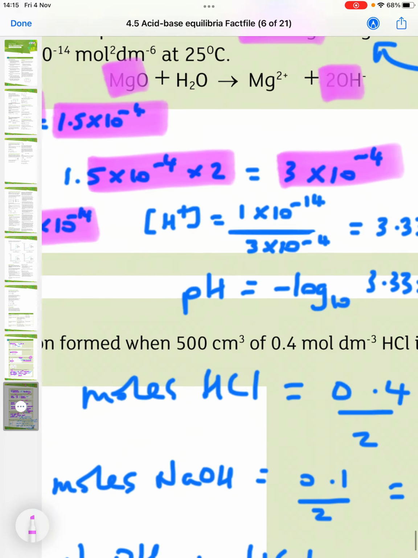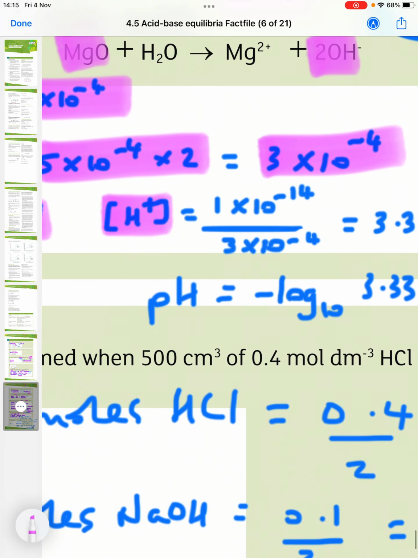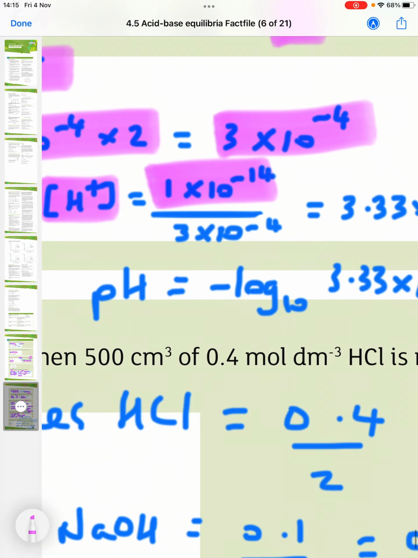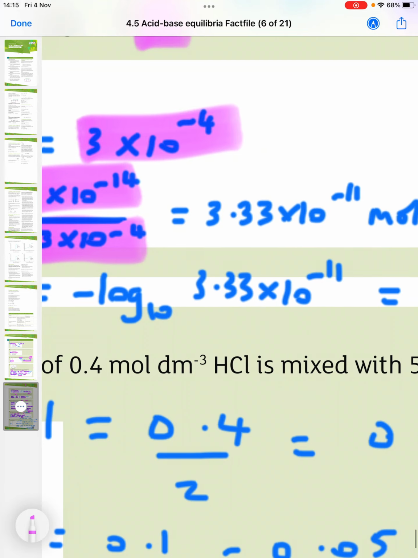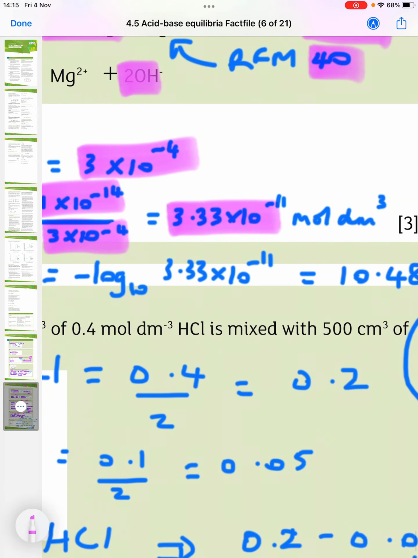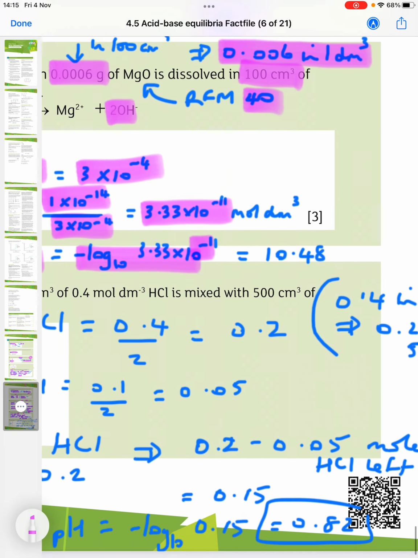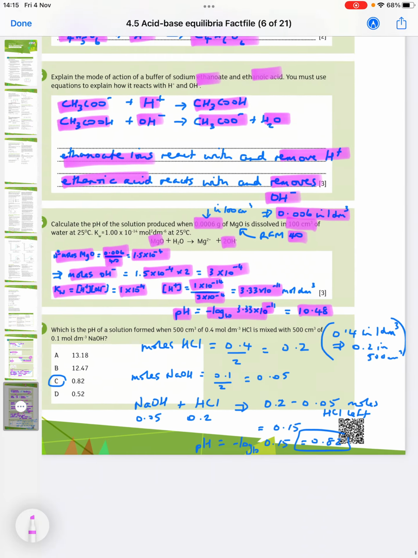So rearranging that, we get the hydrogen ion concentration is 1 by 10 to the minus 14 divided by, we already know the hydroxide ion, 3 by 10 to the minus 4. And we put that in, we get 3.33 by 10 to the minus 11. Finally, to find the pH, it's the negative log of that number that we just found, which is 10.48.